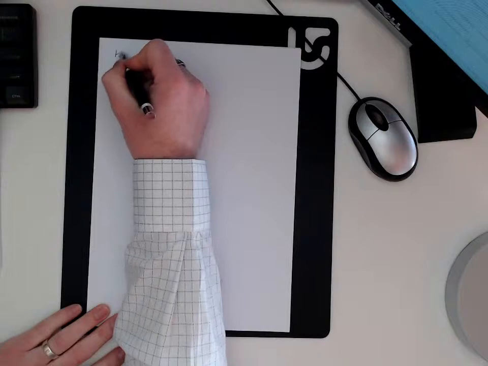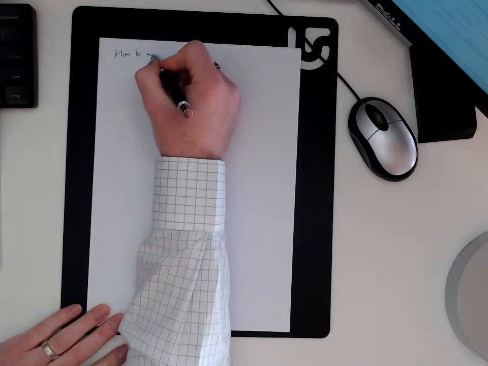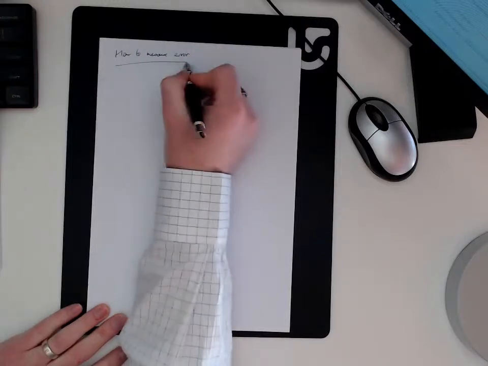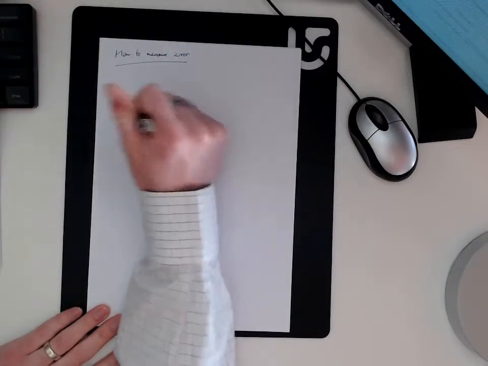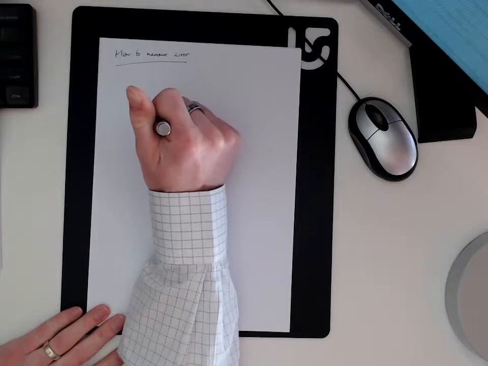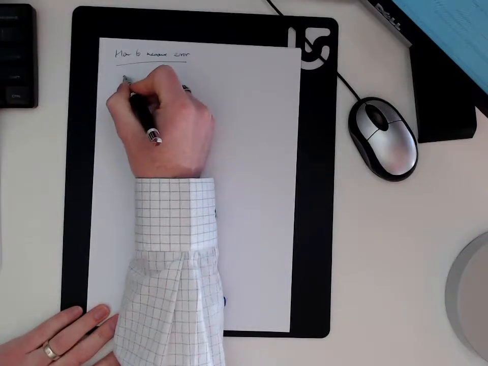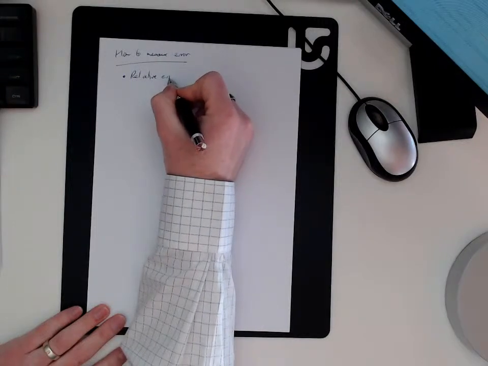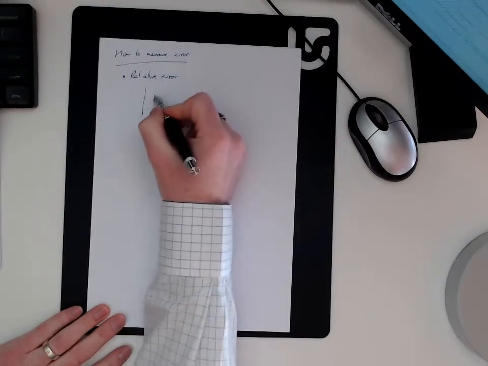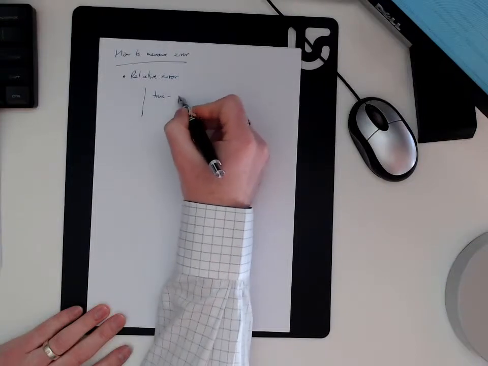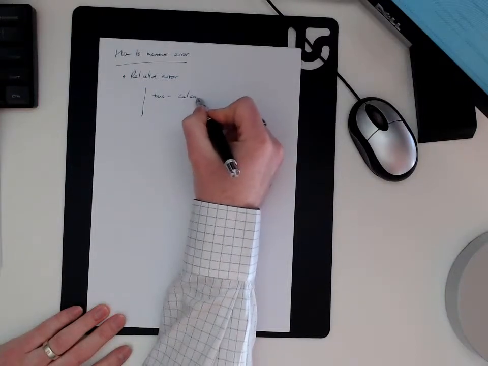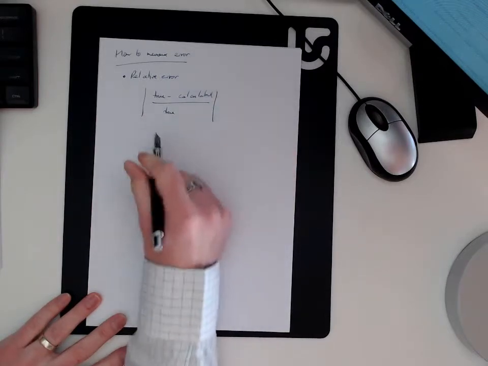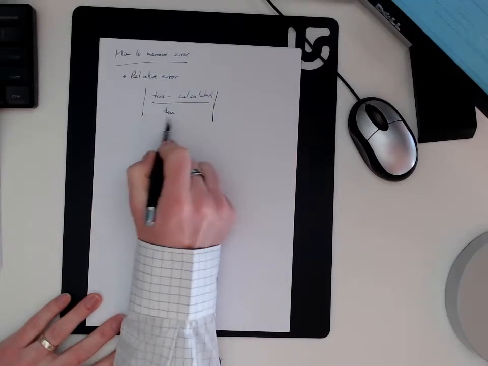Okay, how to measure error? Because the size of the gap between numbers changes, it's often a very good idea to consider the relative error. This is where the true value of some calculation minus the calculated value is divided by the true value, so this is the error relative to the true value.